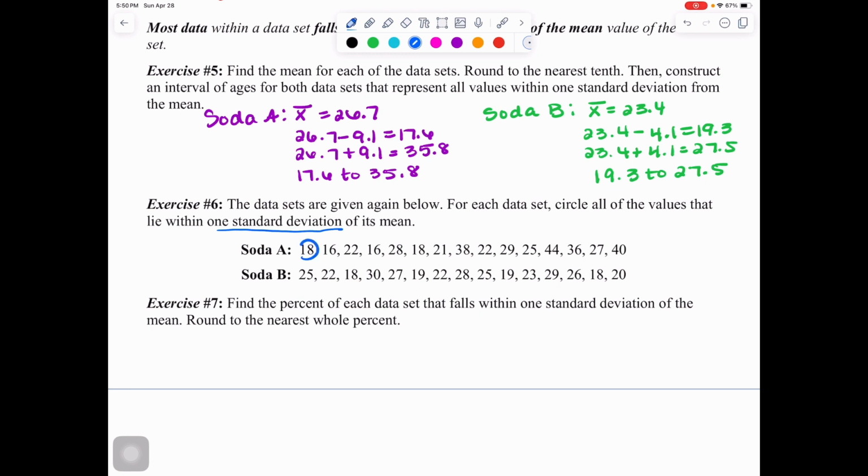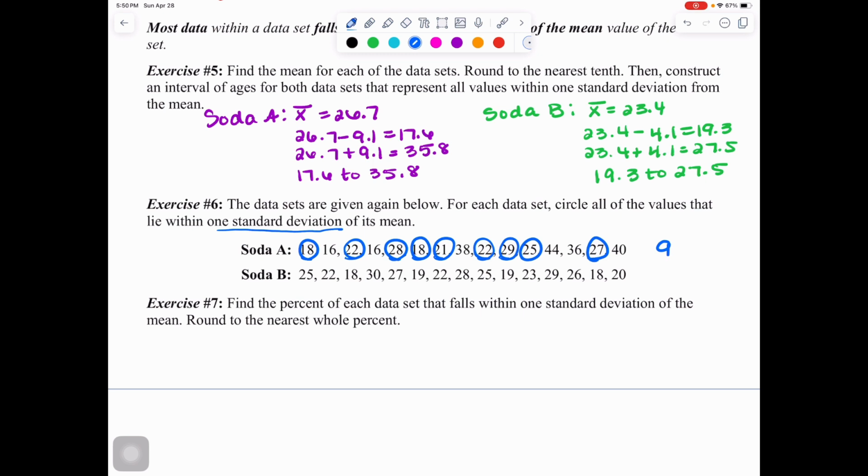So that would be 18, 22, 28, 18, and 21, 22, 29, 25, and 27. So we'll count those up. 1, 2, 3, 4, 5, 6, 7, 8, 9. There's 9 pieces of data that fit that criteria.